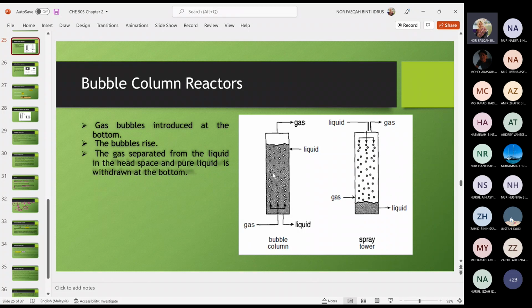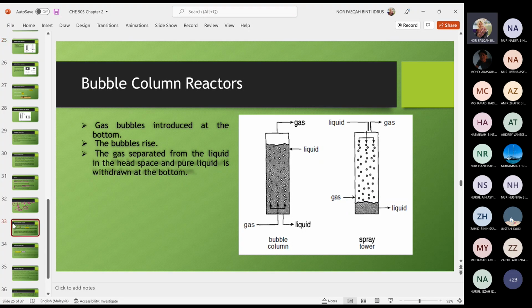But the rising bubbles will act as a stirrer in the system. Rising bubbles with high velocity will act as a stirrer to mix the reaction mixture perfectly.